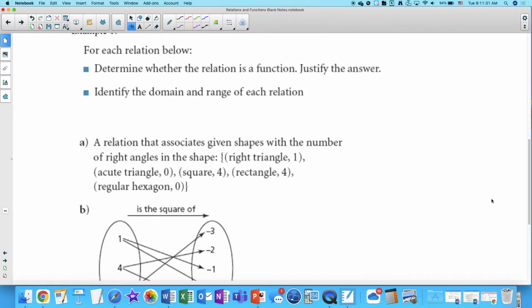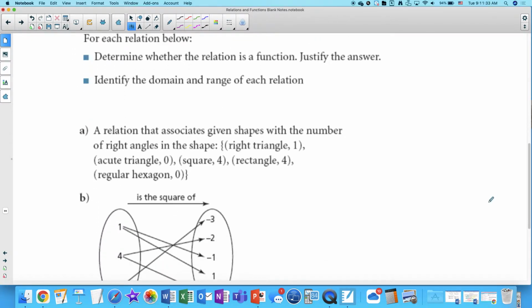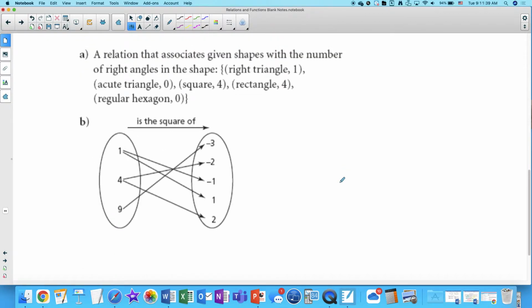Okay? So let's look at an example and we're going to see, is it a relation and what is the domain and range? This relation associates specific shapes with the number of right angles in the shape. For example, a right triangle has one right angle. An acute triangle has 0 right angles.